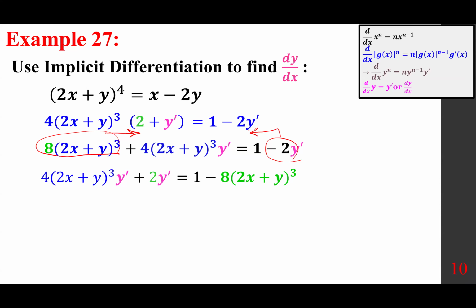Now, what are we solving for? Y prime. On the left side, all we have to do is factor the y prime out. We end up with y prime times this plus 2. This one is 4 times 2x plus y quantity cubed plus 2. And the right-hand side doesn't change, everybody.